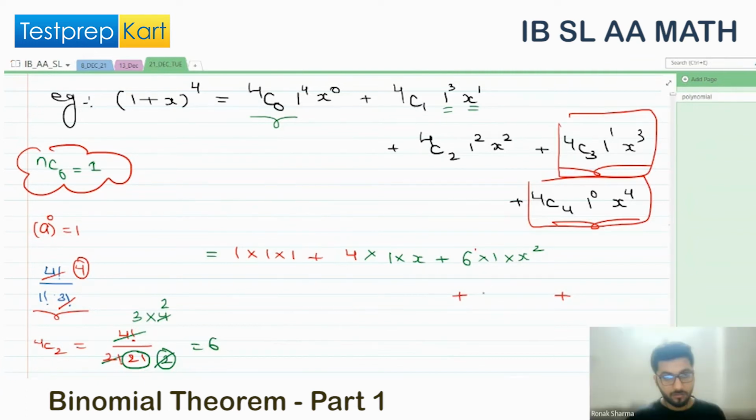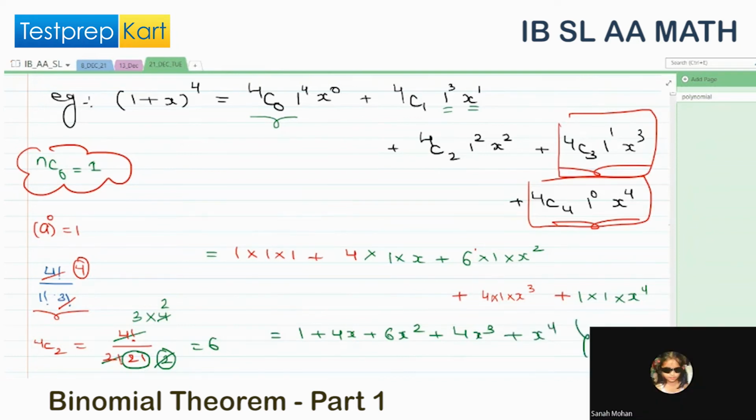Good. Into 1 into x cube. And the last 4C4 will be 1. So 1 power 0 will be 1 and x power 4. So if we write, 1 plus 4x plus 6x square plus 4x cube plus x power 4. This is your answer.